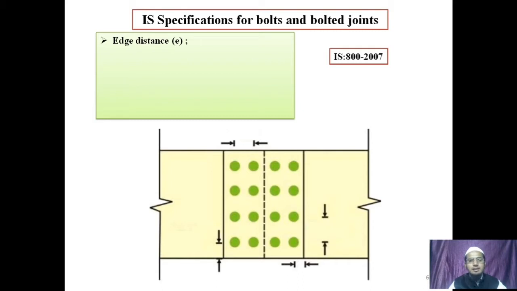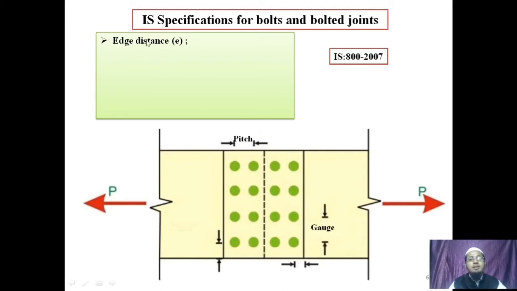The distance measured between two bolt lines parallel to the direction of force is termed as pitch, and the distance measured perpendicular or transverse to the force, between the two bolt lines or two bolt hole centers, is termed as gauge distance.